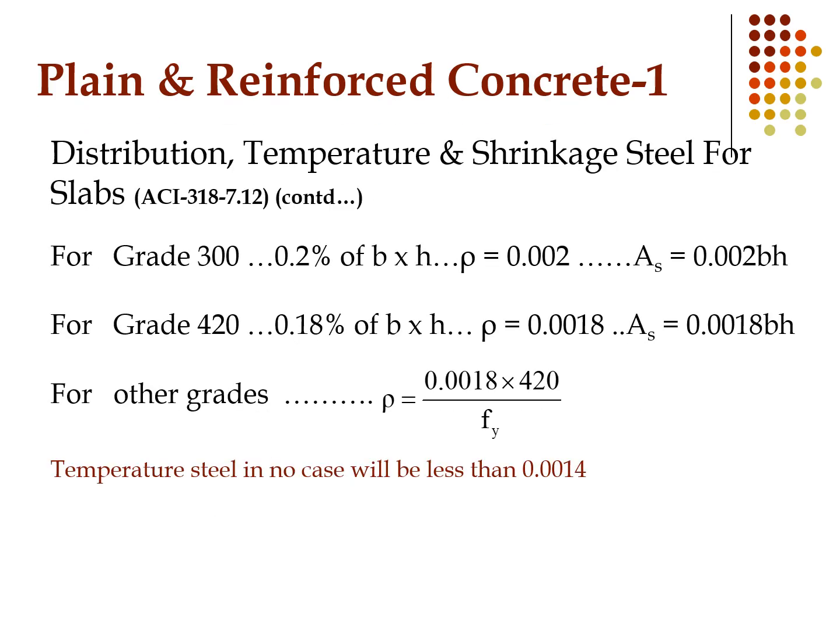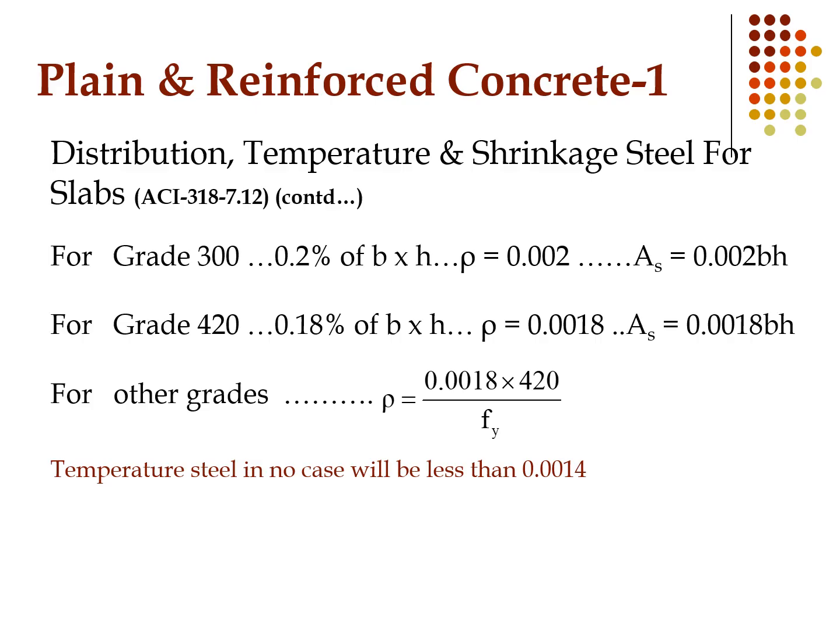Now, how will we decide the area of steel for distribution or temperature steel? For grade 300, it is 0.002 B times H. B is normally considered 1000 millimeter or a 1 meter strip, and H is the thickness of the slab.